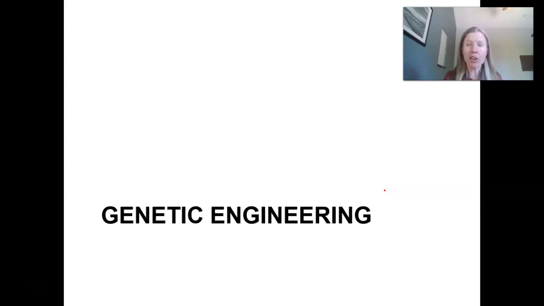The second half of this chapter is really all about genetic engineering. And I did want to remind you, you have a paper coming up. The second paper deals with genetic engineering and biotechnology. Genetic engineering is the direct, deliberate modification of an organism's genome. This is typically a really important part of biotechnology, but other things can be considered biotech as well.